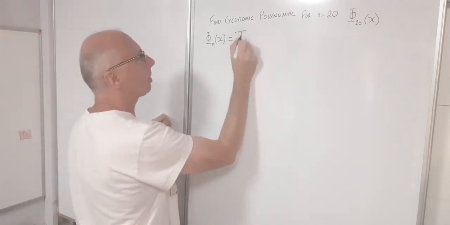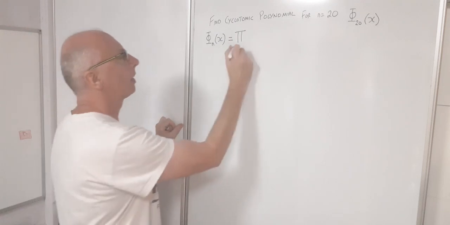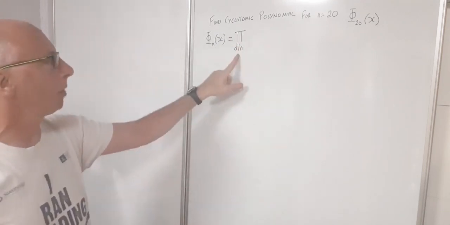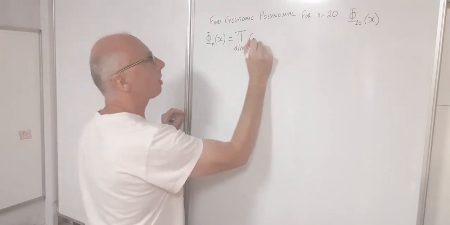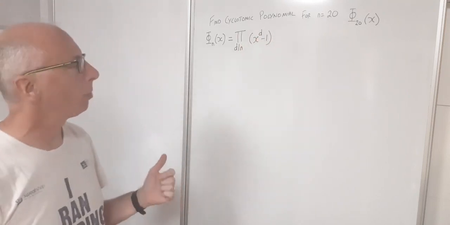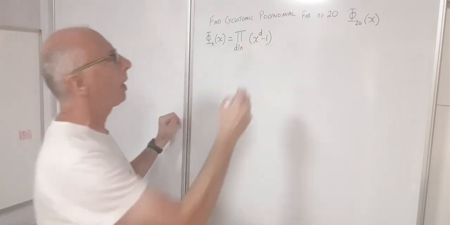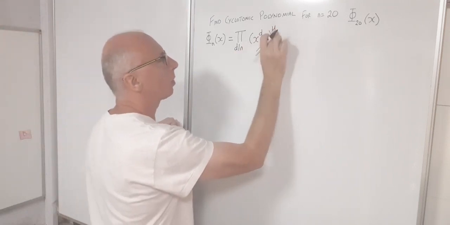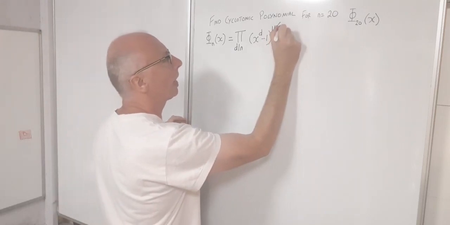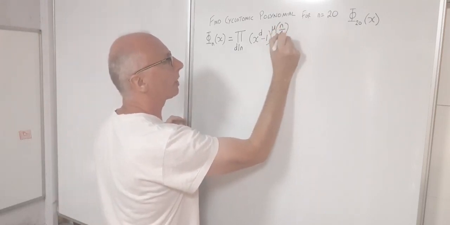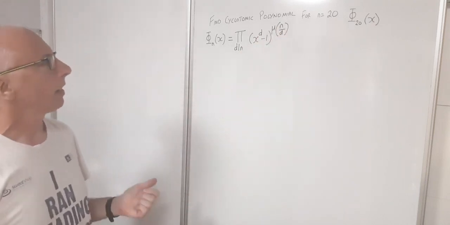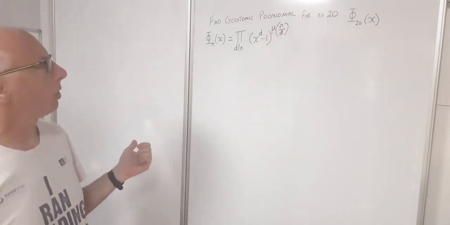The product is denoted by capital letter pi, over the divisors d of n. Each term is x to the power of d, minus 1, and we raise it to a power: mu, which denotes the Möbius function, of n divided by d. That's the equation that we use.